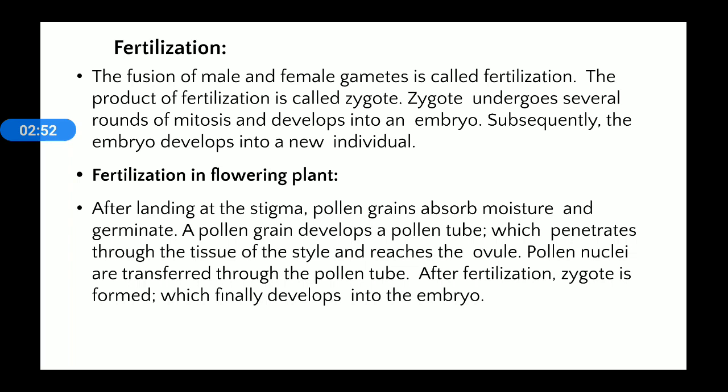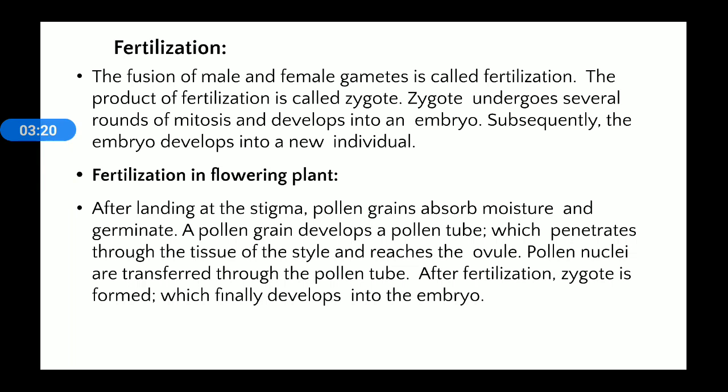Then a tube-like structure known as the pollen tube develops from the pollen grain, and this pollen tube runs downward towards the style area. The pollen tube penetrates through the tissue of the style and reaches the ovule.